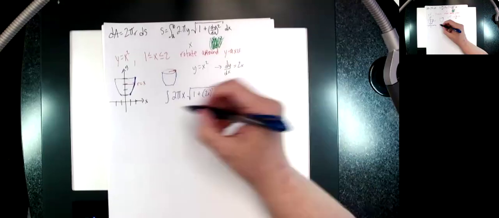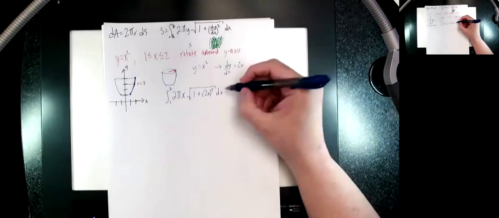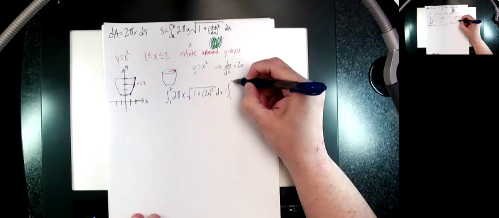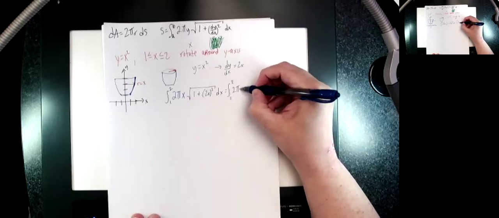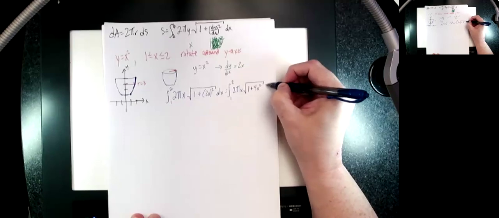And since this is along dx, we're doing x's from 1 to 2. I'm just going to square that term at the end, so we have 1 plus 4x squared in here.